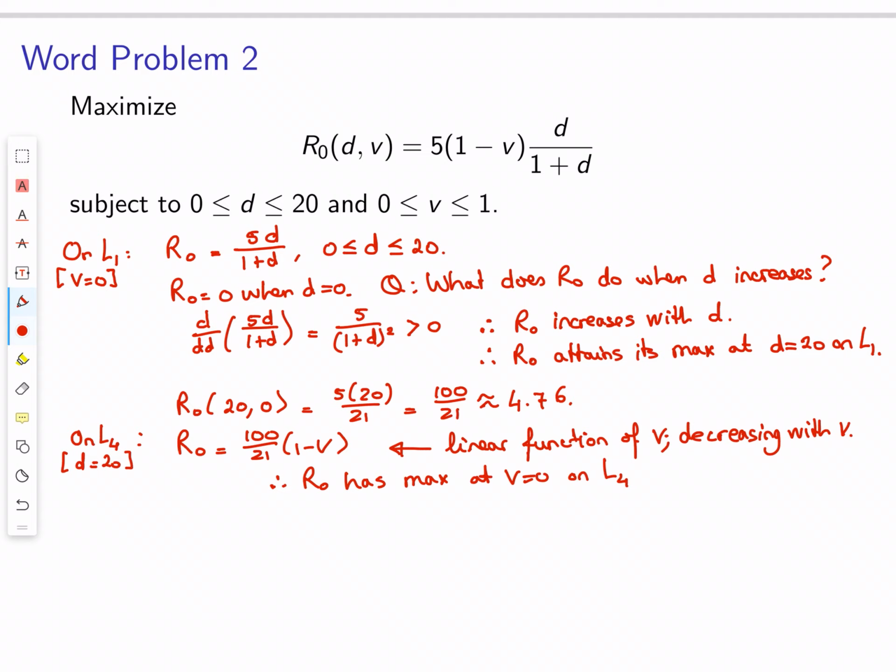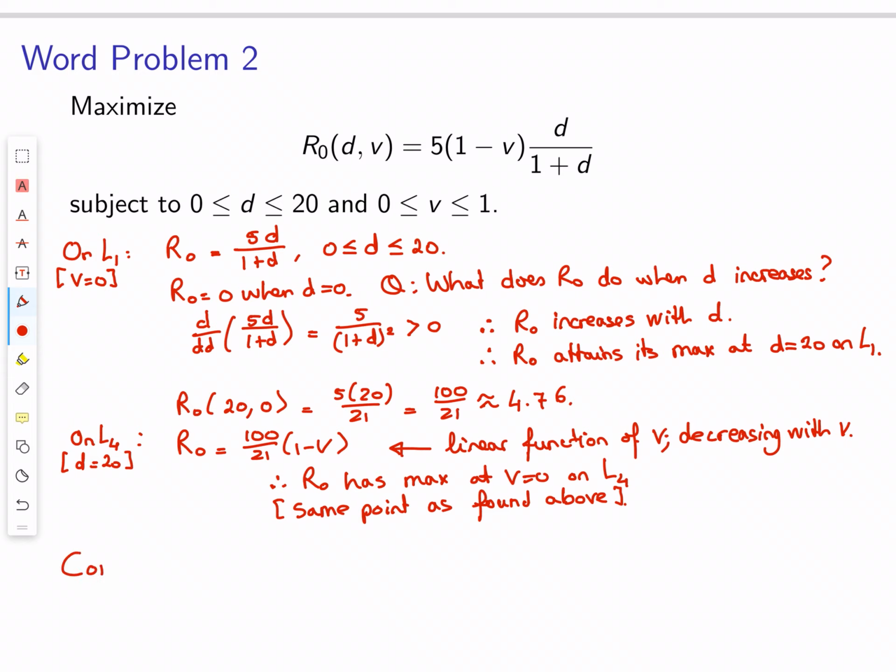Now if you put this together, it's actually the same point as found above, so I don't have to do any more work. I've already calculated it above.